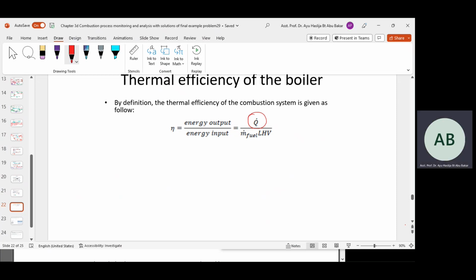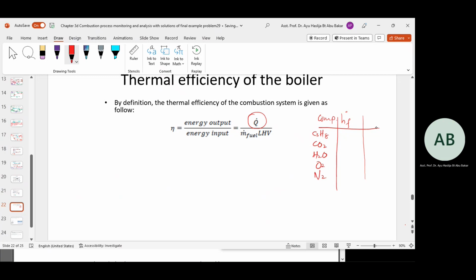Okay, as usual, you find out the info of the components. We have components over here. You have your fuel, C3H8, and product gases. Find out what is your HF, H at 298, then H at outlet.